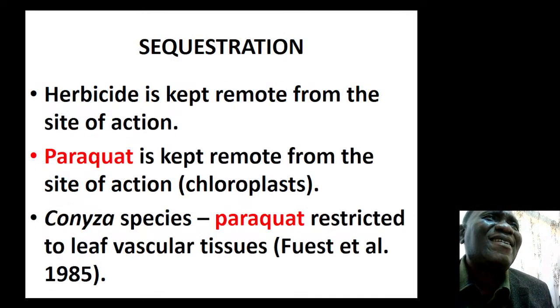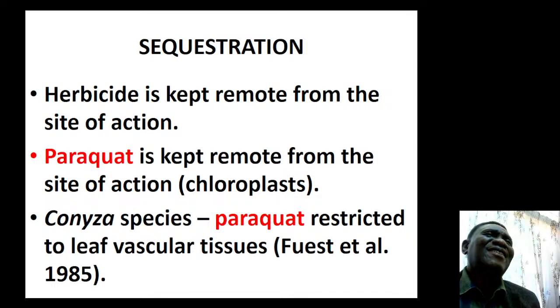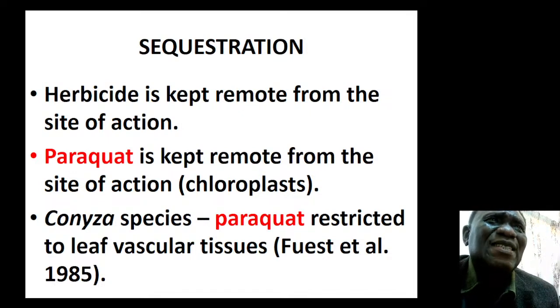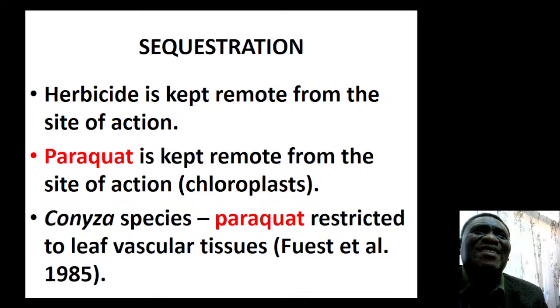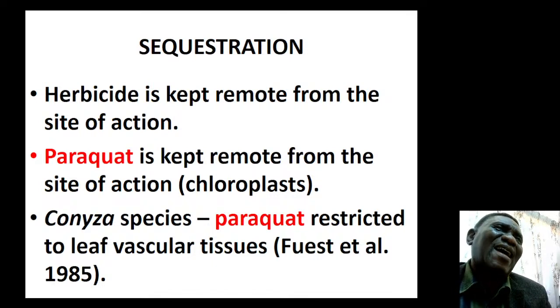Sequestration: the herbicide is also kept remote from the site of action. Like paraquat is kept remote from the site of action, which is the chloroplast. The example is the conyza species. We know it's green. When we spray it with paraquat, it will not die because of this issue of sequestration.